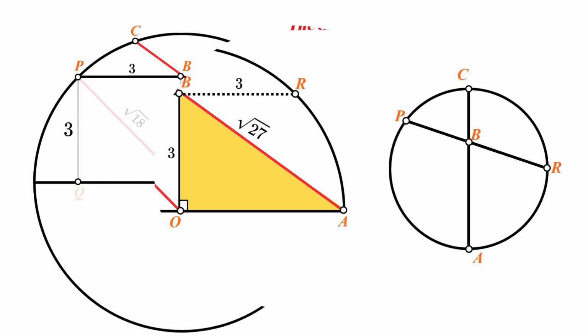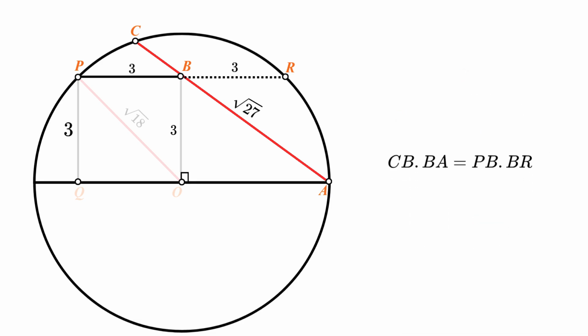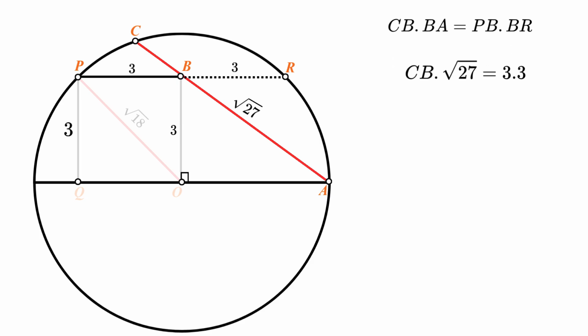In our diagram, chords CA and PR intersect at point B. So we can write CB times BA equals PB times BR. By substituting our known values, CB times the square root of 27 equals 3 times 3, which equals 9.